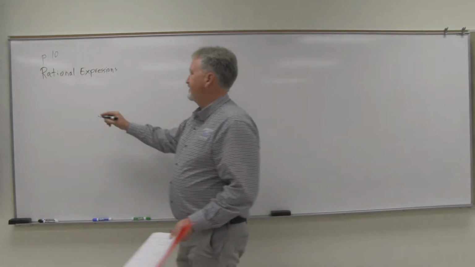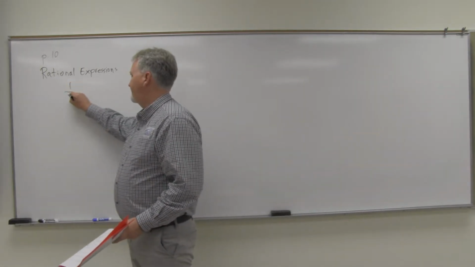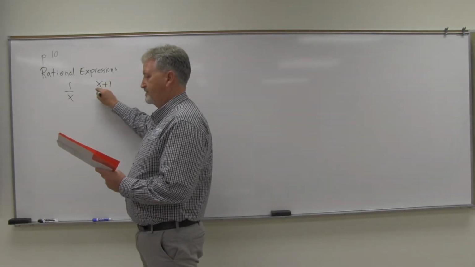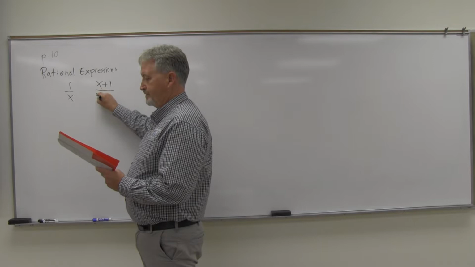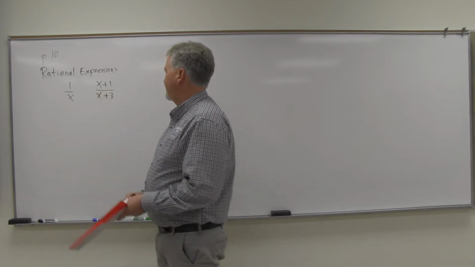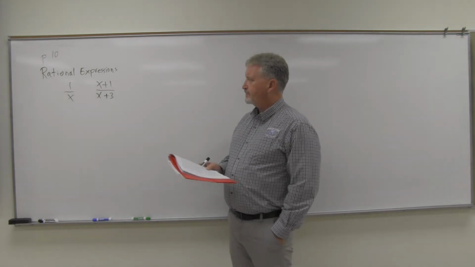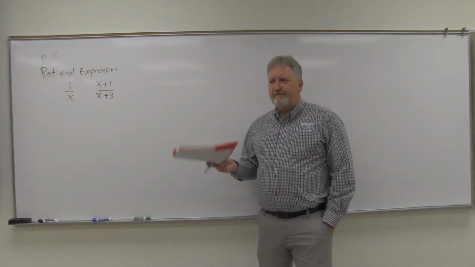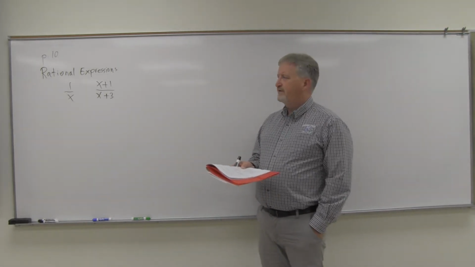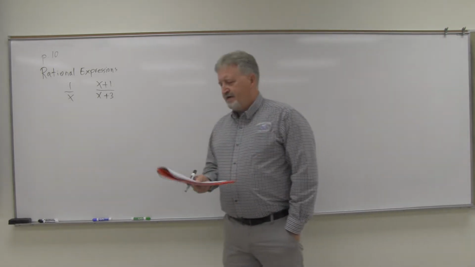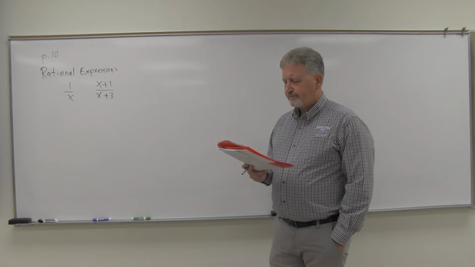It may be as simple as 1 over x. It mentions a couple of others, fairly simple ones. We'll look at some more complicated ones. But it's basically a fraction, a polynomial fraction, a fraction with variables, is what we mean by that.